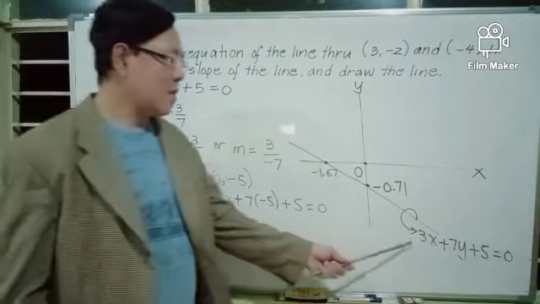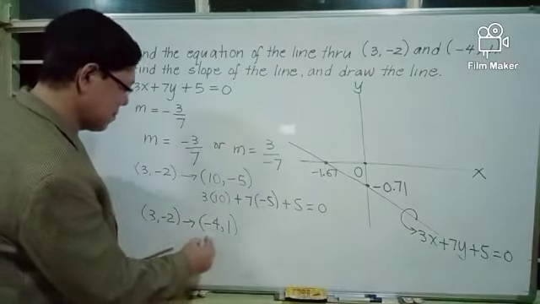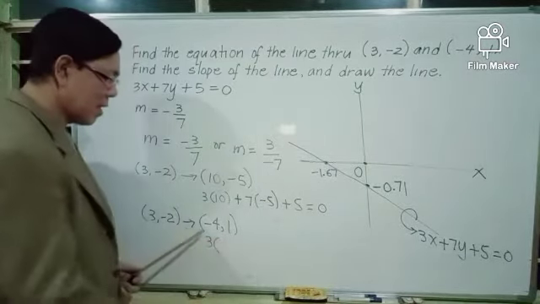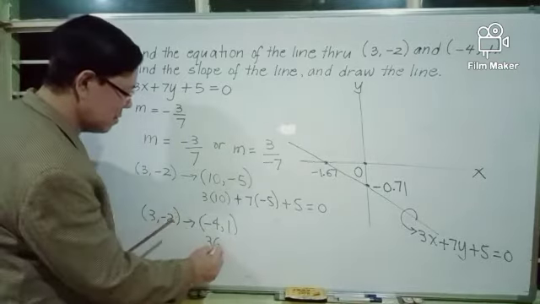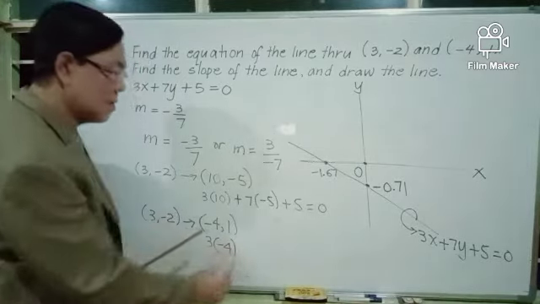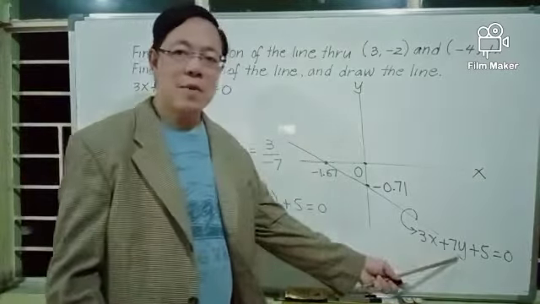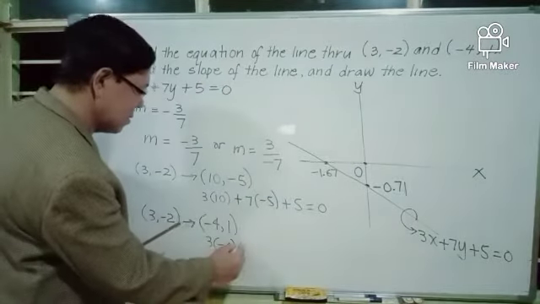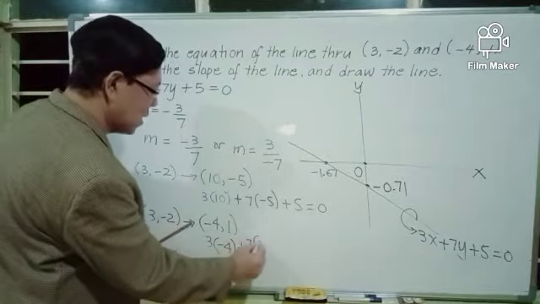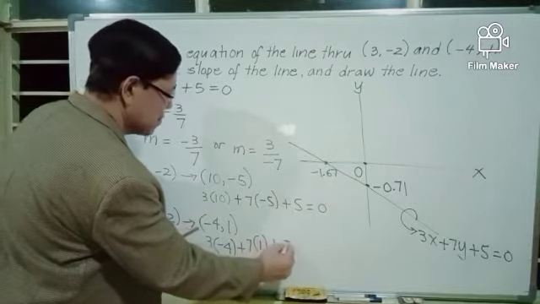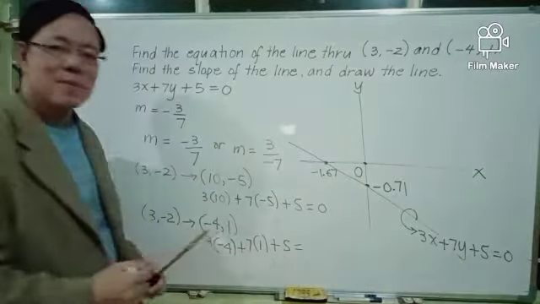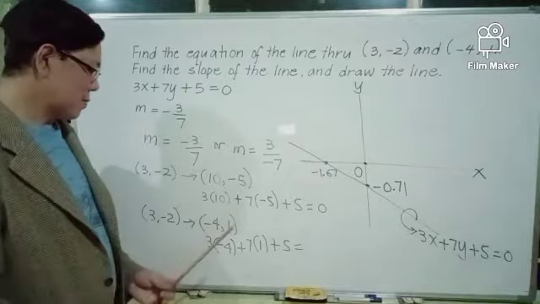We have 3 multiplied by x, our x is negative 4, plus 7 multiplied by y, our y is 1, plus 5, to check if this is 0.